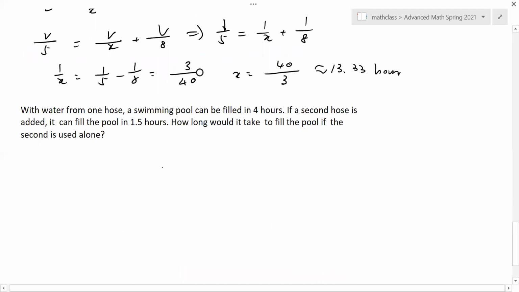It's about a swimming pool. It's probably different. So now, with the water from one hose, the swimming pool can be filled in 4 hours. If the second hose is added, it can fill the pool in 1.5 hours.